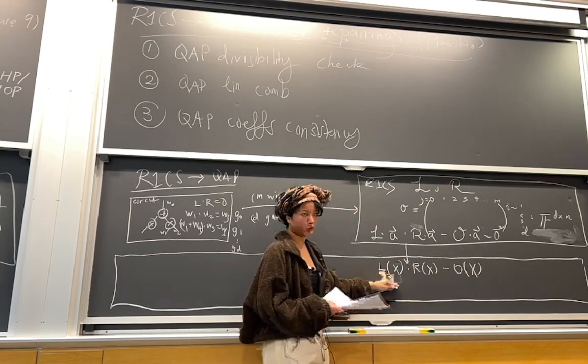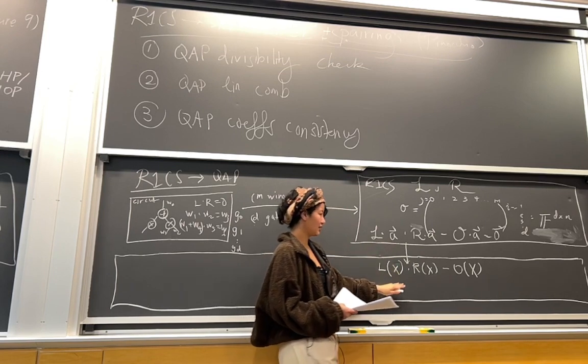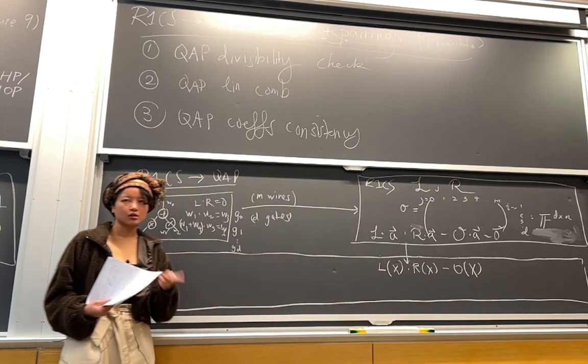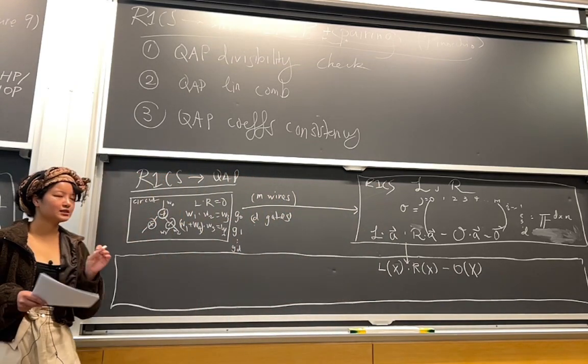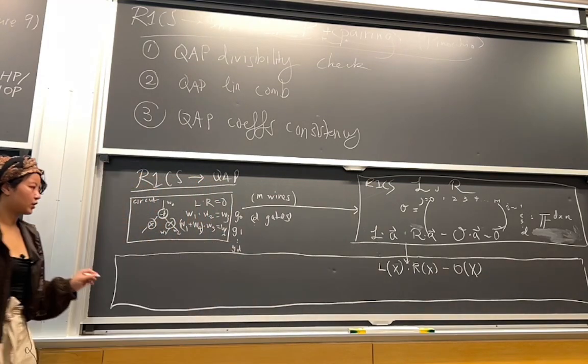And by the way, the satisfying witness information is hidden inside these L(x), R(x), O(x). And this is sort of your first intuition into why this is an LIP, a linear interactive protocol.